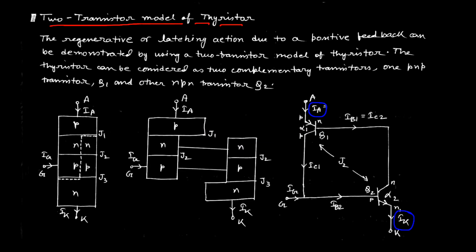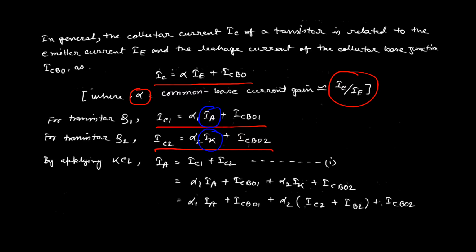Now consider Q1 as a node, then we can apply KCL at this particular node, and we will get the current IC1 plus the current IC2 equal to IA. That is why we can write the expression IA equal to IC1 plus IC2. That means we can simplify the equation by using the two currents IC1 plus IC2, taking the values from the above two equations.